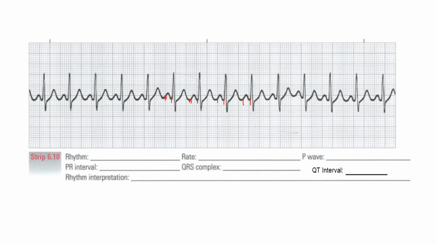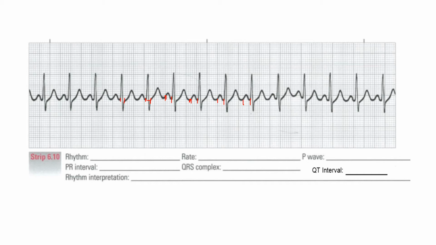Your QRSs, you're going to measure from the beginning of the QRS to where the S wave comes up. So this is 2 boxes. Some maybe have, this one looks like it's maybe 1.5 boxes, so that would be 0.06, and the other one would be 0.08.